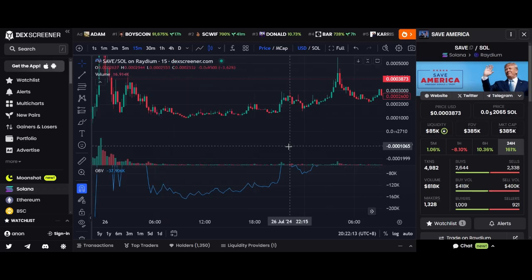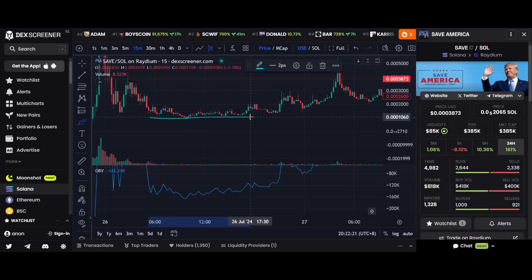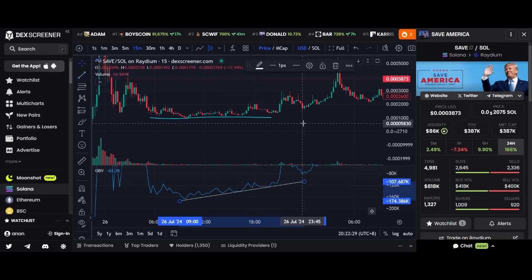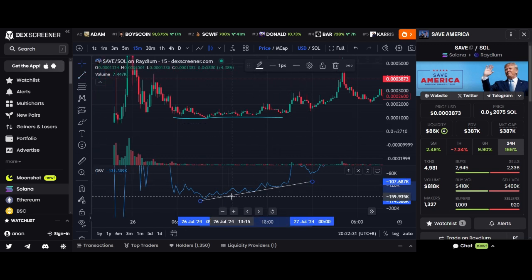And what it shows us is that as price is going sideways here, like literally tracking sideways, we have an increase in volume on our on-balance volume. So what that is saying to us is volume is increasing, right?